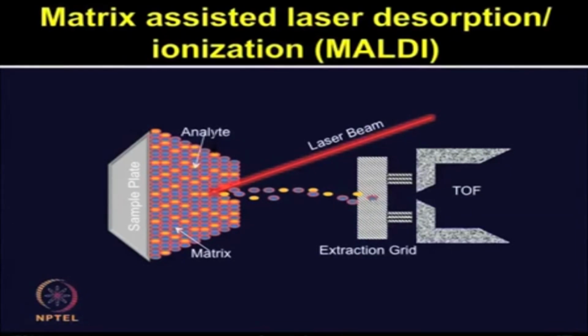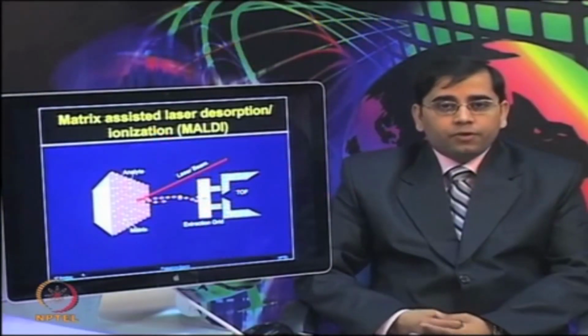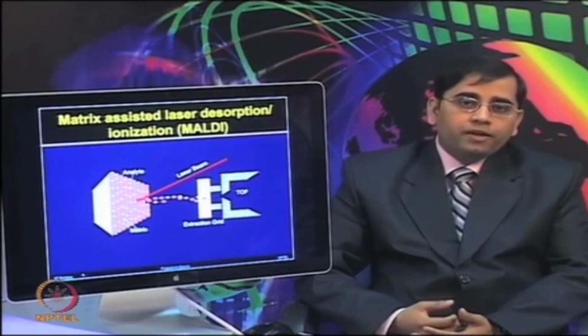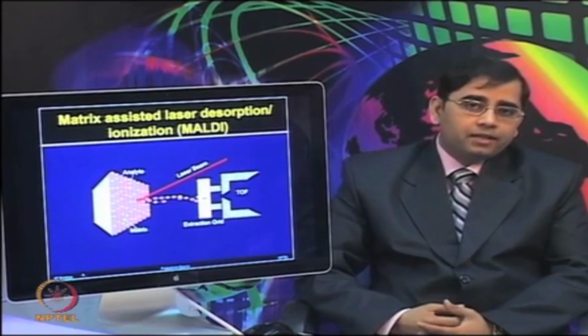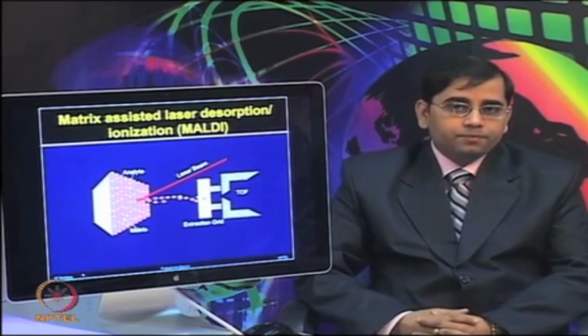The analyte or the proteins of interest are mixed with the matrix, which is usually an aromatic compound. There are various types of matrices available, which we will talk about in more detail when we come to sample preparation and matrix selection. But just for your reference, we can use 2,5-dihydroxybenzoic acid, we can use sinapinic acid, and there are several other choices.